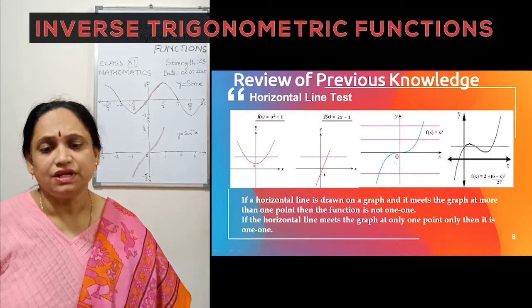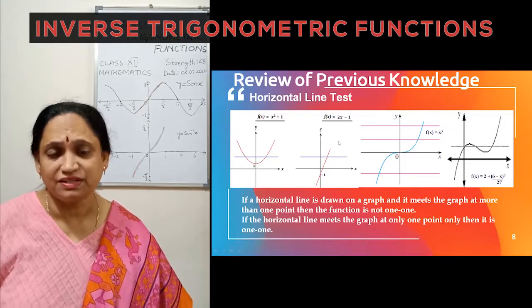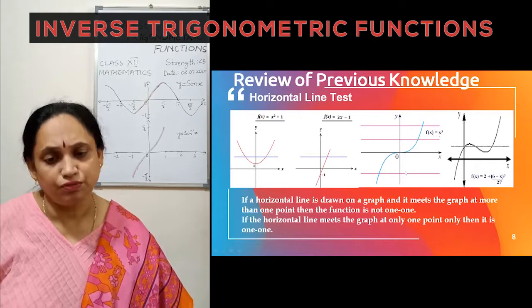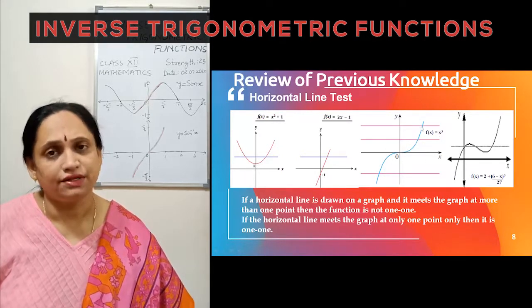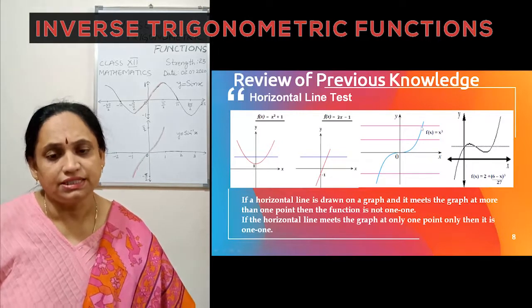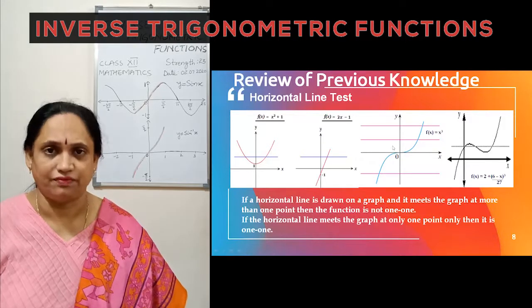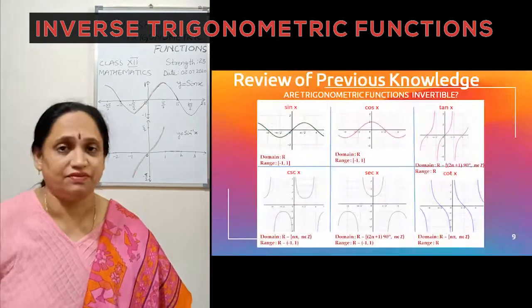And the graphs in between, that is the function f of x equal to 2x minus 1, which is a straight line, and the graph f of x equal to x cube, which is a curve, meet the horizontal line only at one single point. Hence, these two functions are 1-1. Now, let us see if the trigonometric functions are 1-1.